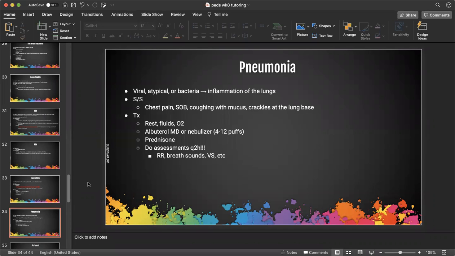Treatments: rest, fluids, and O2, albuterol by MDI or nebulizer, and they can have 4 to 12 puffs. They can also get prednisone. For pneumonia, especially for pediatric patients, make sure you're doing your assessments every 2 hours: respiratory rate, breath sounds, vital signs, all those good things. Constantly do those for children with pneumonia so we can see if they're getting better or getting worse.